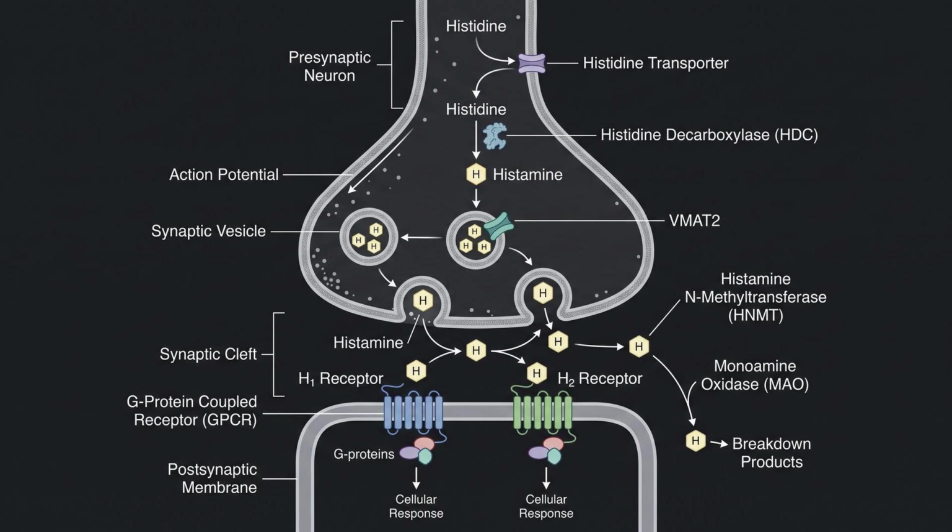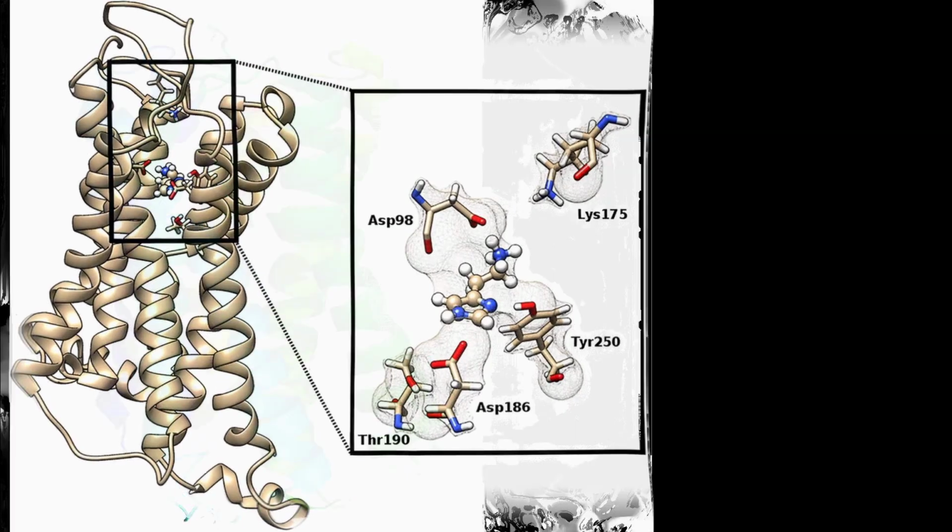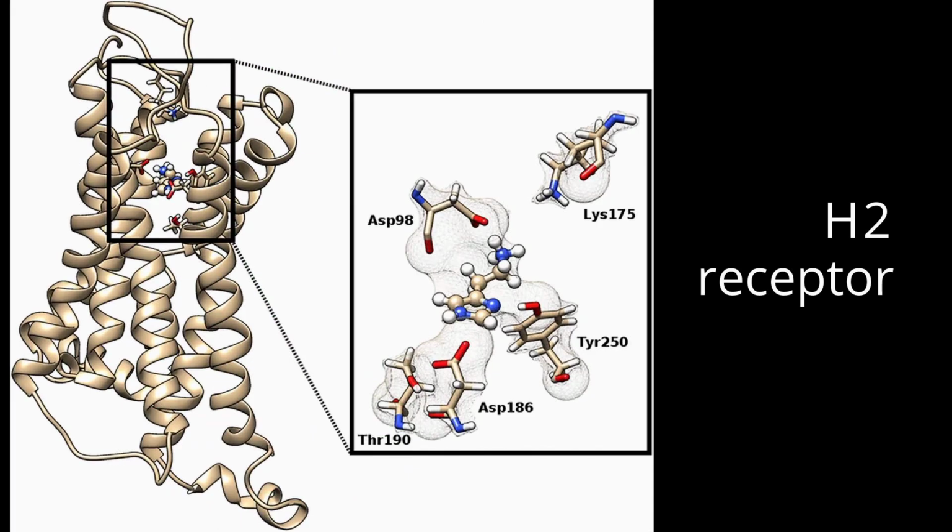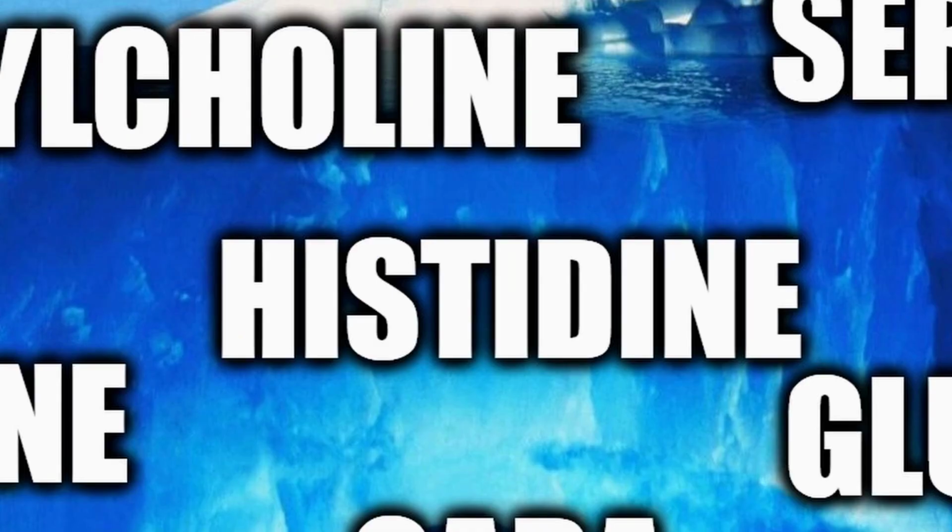Similarly to other biogenic amines, it is incorporated into synaptic vesicles, released into synaptic clefts, activates G-protein coupled receptors, and is degraded by histamine methyltransferase and MAO. However, different types of receptors can influence different functions, like equilibrium in the case of H1 receptors or gastric secretion in that of H2 receptors.